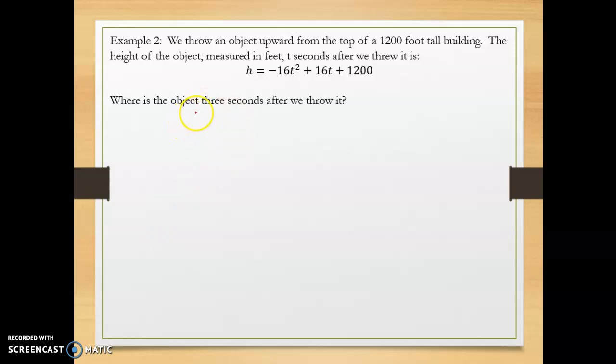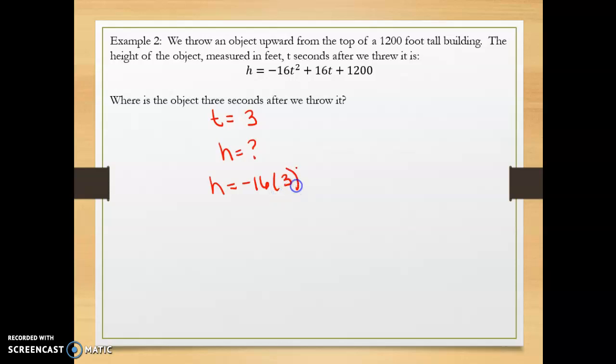Where is the object 3 seconds after we throw it? So in this case, t, our time, is 3, and we want to know what h is. So we can just plug that in to our equation.